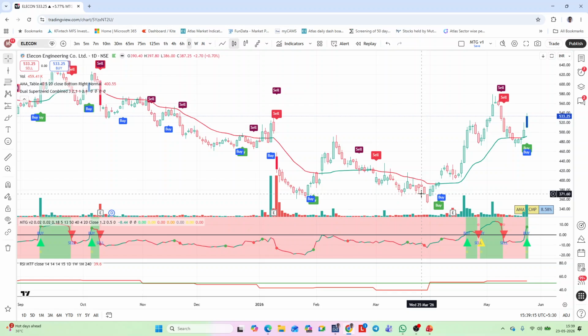Yeah, so take the trades very wisely. Don't run behind the rallies. If any stock has already run 100%, 200%, don't jump into those stocks just because of FOMO. For example, MTAR or STL.